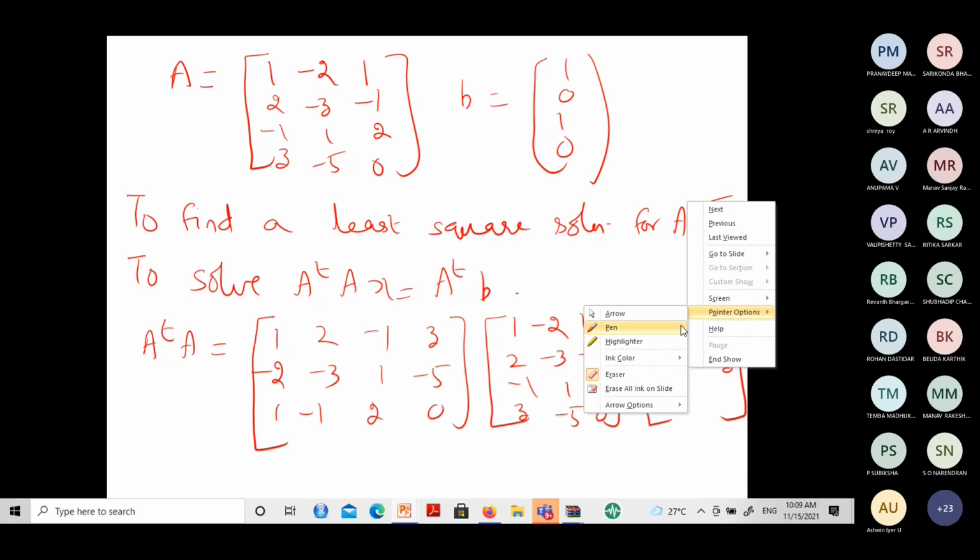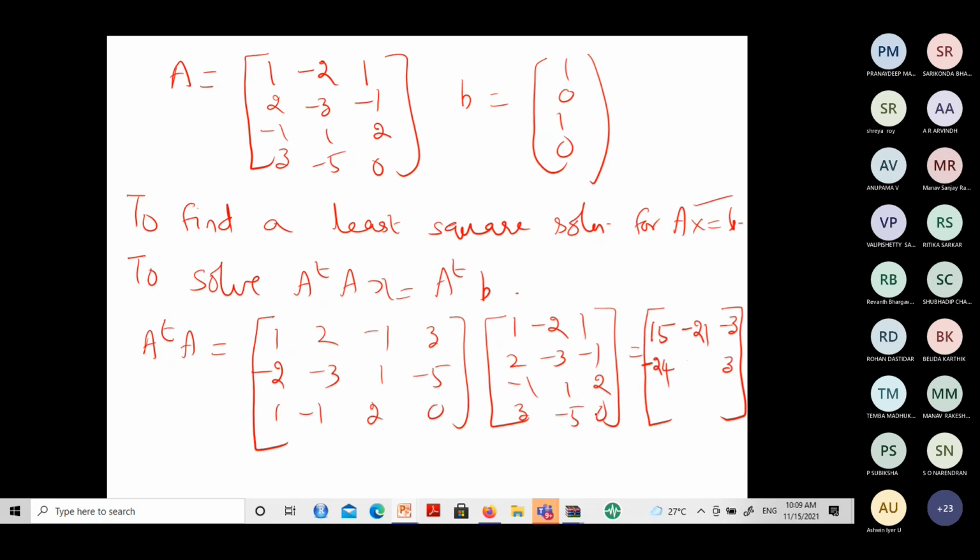Are you all doing or simply saying yes? 1 minus 2 minus 1 minus 2, so minus 3. Minus 2 plus 3, so 1, 1 plus 2, 3. Then 1 plus 1, 2 plus 4, 6. Check whether this matrix is correct. Ma'am, isn't it first row, second column minus 24?